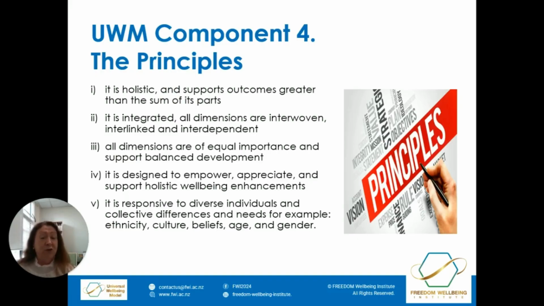We don't just focus on specific pieces, but we pull back, use higher and associative thinking to understand the full picture, understanding that the universal wellbeing model is integrated, interlinked and interdependent. The components work together, and all these components are of equal importance. So we are usually supporting people to have more balanced development and support for the universal wellbeing.